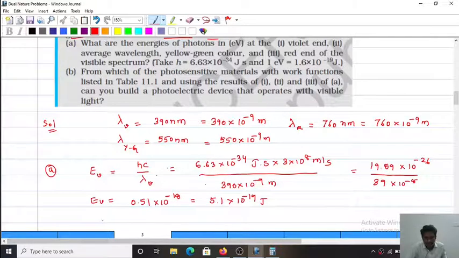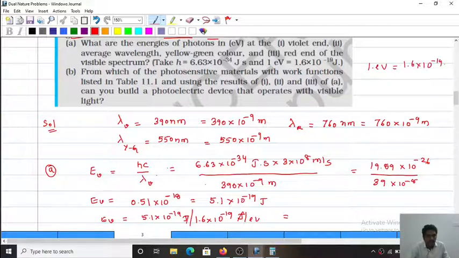When it is converted into electron volts, we will get E nu equals 5.1 into 10 power of minus 19 joules divided by 1.6 into 10 power of minus 19 joules per electron volt. Joules got cancelled, so 1 electron volt is equal to 1.6 into 10 power of minus 19 joules. And 1 joule is equal to 1 divided by 1.6 into 10 power of minus 19, that is why I divided with it.